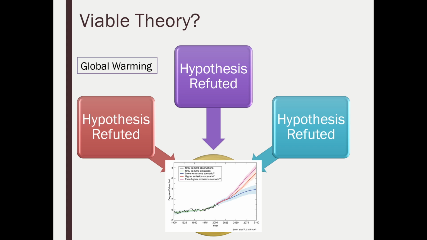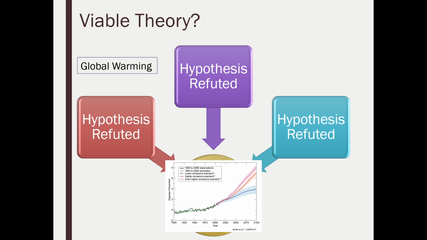And so we see, if we had even higher emissions, where more countries are coming online with more cars and factories and nobody does anything to control anything, that's the purple line on the top. Then the red line in the middle says, if we maintain where we are now and other countries come online at the same level that we all are doing already, this is the line we would expect.